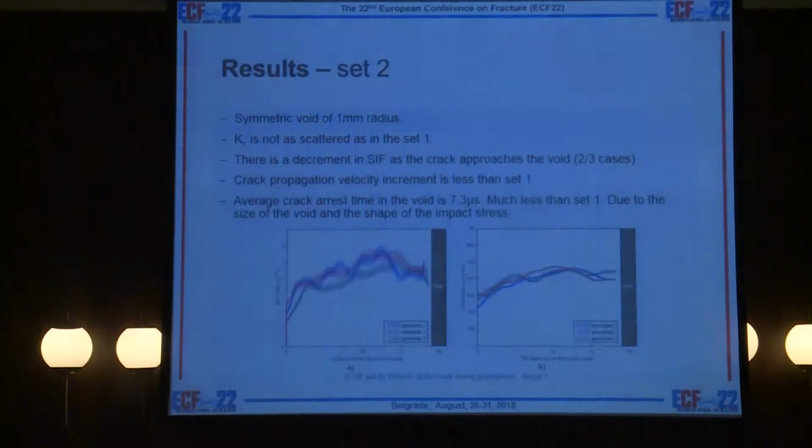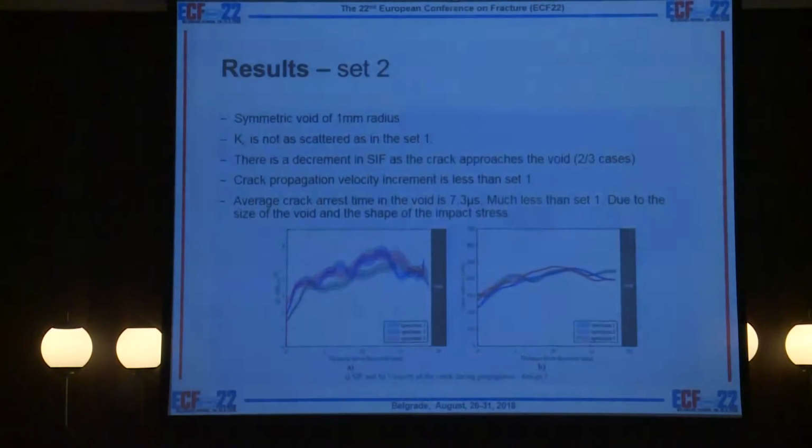So when it comes to the second case, of radius 1 mm, the initial critical stress intensity factor is not as scattered as set 1, but the velocity increment is lesser compared to the previous case. And crack arrest time is 7.3 here, almost 1/3 of the previous case.